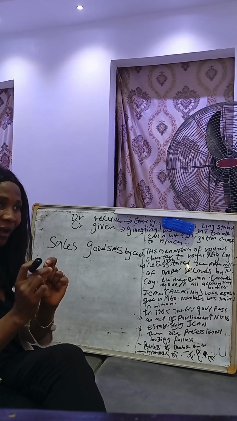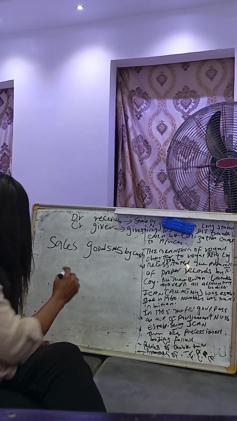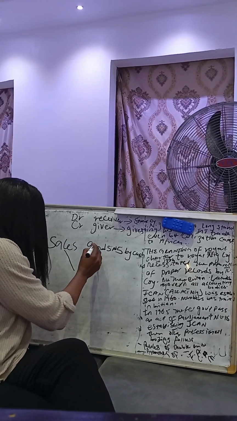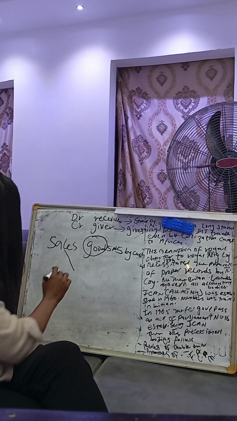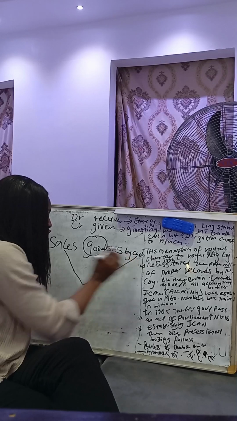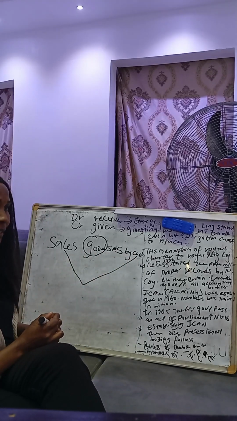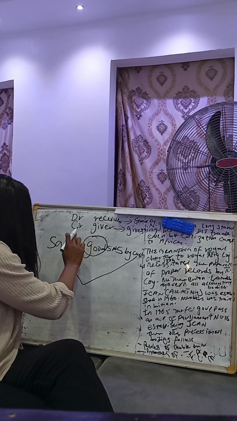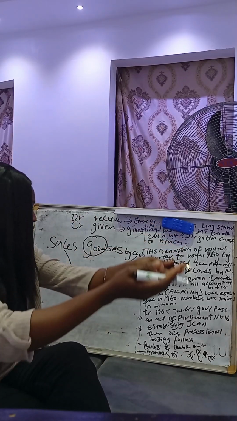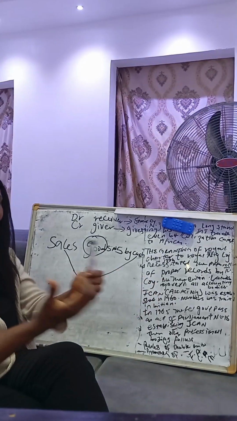The two accounts involved are sales and cash. Because it is goods, the name of the goods is not stated, so we put sales and cash. Do you understand? And the rule says debit the receiver, credit the giver. You sell, you give. By cash, you receive cash.